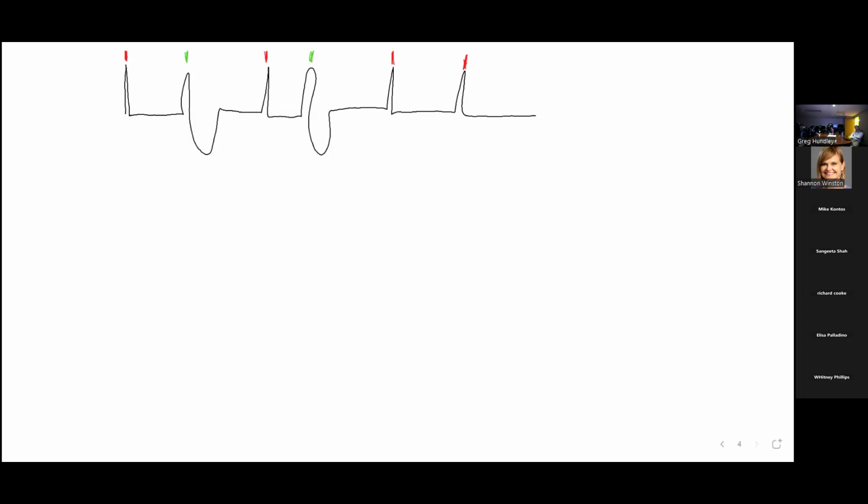So if you are in a situation where you can, and not only could you identify the different ones, you could say, I could use prospective gating.